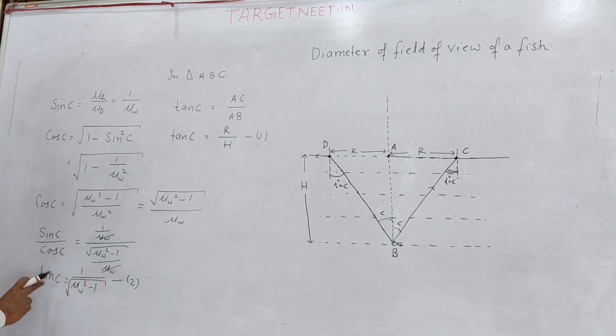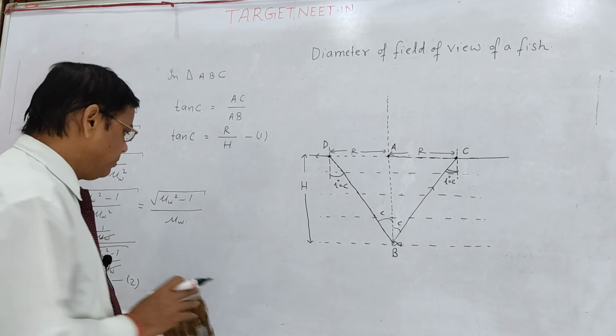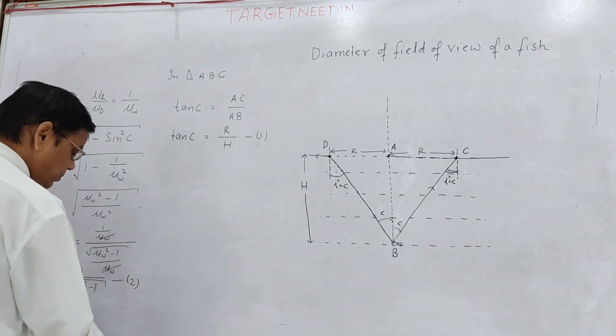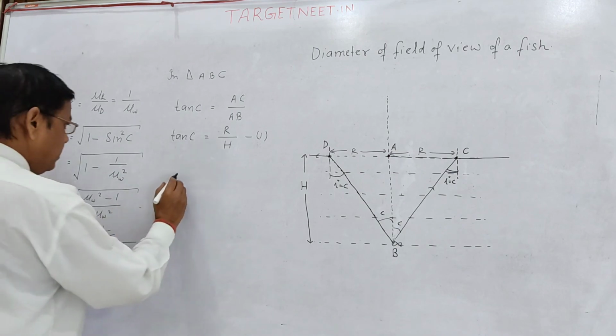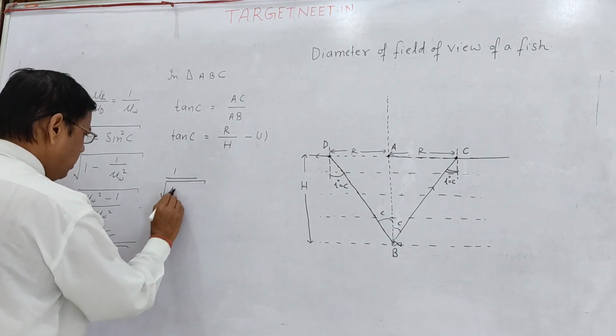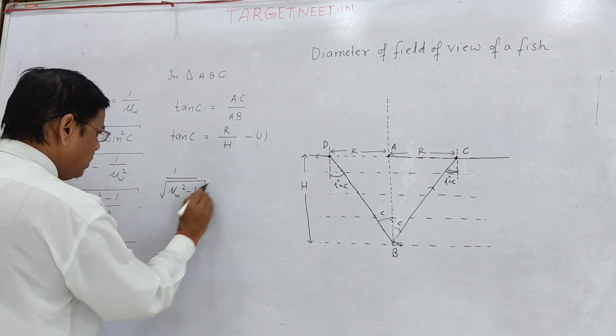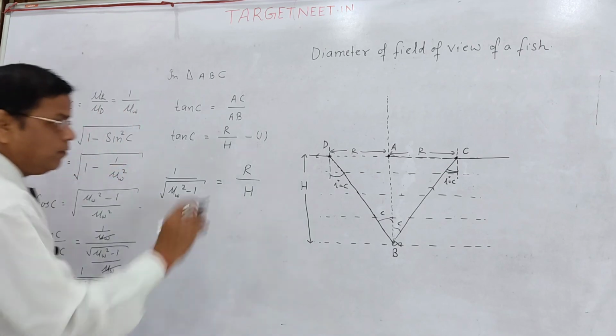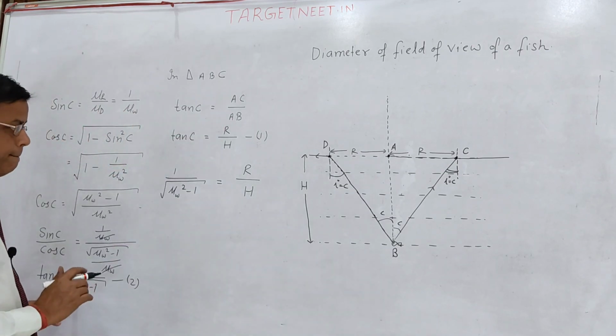So equating these two values of tan C, from equation 1 and 2, I can write 1 upon under root mu water square minus 1 is equal to radius of field of view upon height of bulb from surface.